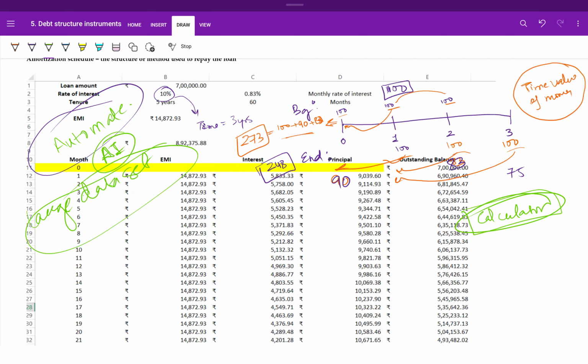And okay, since we have talked about the automation part also, now understand this thing. This is the end of the period. This is the beginning of the period. The above part is the beginning of the period, and the other part is the end of the period. So we are making end of the period here.